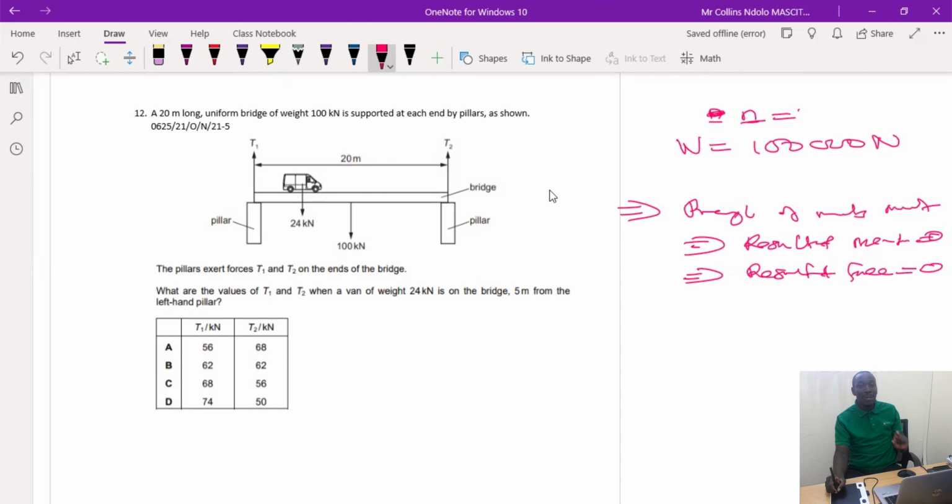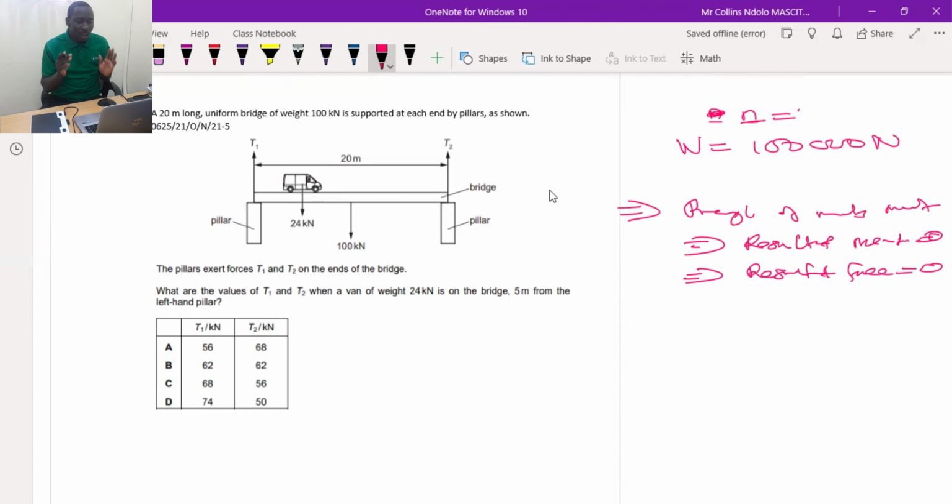So we're going to apply those two conditions in this particular question. In this question, we don't know where the pivot is, so we can decide where our pivot is going to be. I like using the pivot at the end, either this side or this side here.